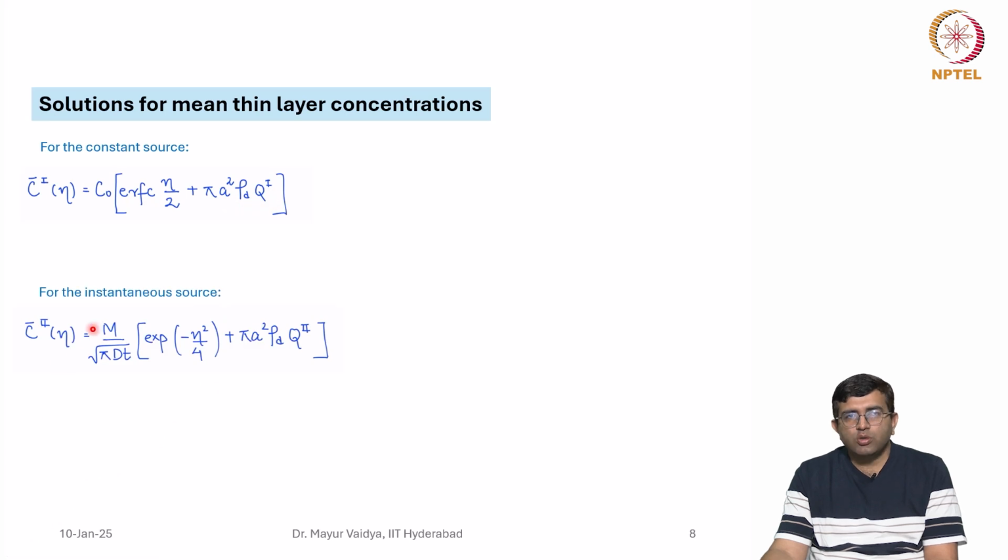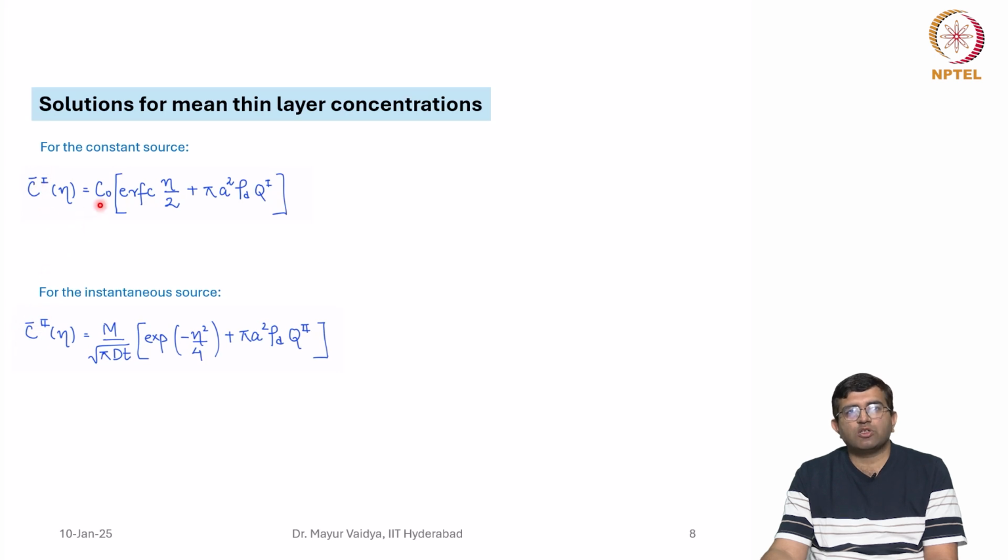The C bar for the instantaneous source can be written as m by root pi Dt exponential minus eta square by 4 plus pi a square rho d into Q2. Okay, so this is for the constant source, this is for the instantaneous source. The C bar is the average concentration here also and here also.